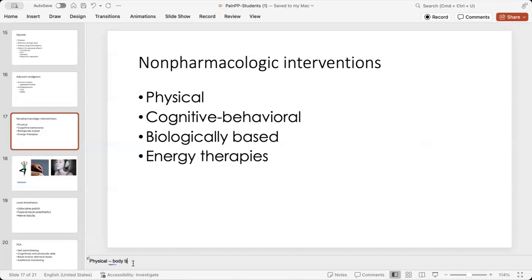So think of things such as acupuncture, walking, heat, cold, physical therapy, occupational therapy. Cognitive behavioral is more of the mind and body. So you decrease your focus on the pain, kind of block the transmitters. The book talks about breathing, prayer, meditation, guided imagery, distraction.